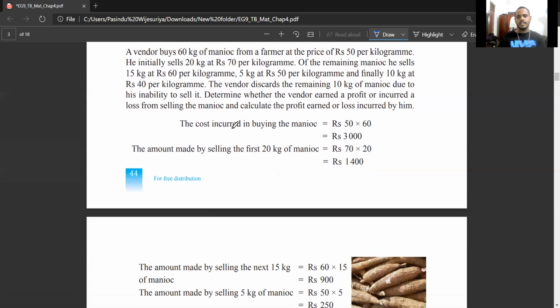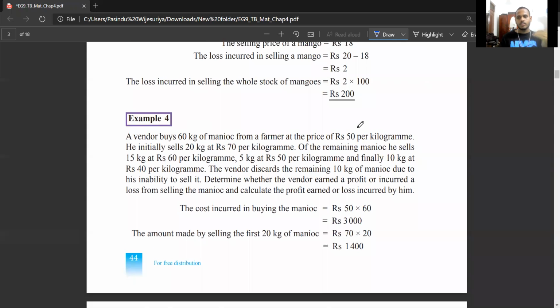So you will have to separate the stock into the numbers. Initially he sells 20 kilograms from 60 for 70 rupees, then 15 kilograms for 60 rupees, then 5 kilograms for 50 rupees, and finally the remaining 10 kilograms for 40.